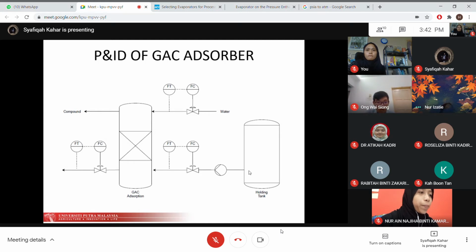In the inlet stream, the flow transmitter will detect the flow rate and send the signal to the flow controller, and the controller will give the signal to the control valve to raise or reduce the flow rate so as to regulate the required flow rate. The same goes for the water stream. For the backwash flow, the flow will be controlled using a flow transmitter, flow controller, and control valve to ensure that the required water will be delivered to the adsorption column system for the backwash process.